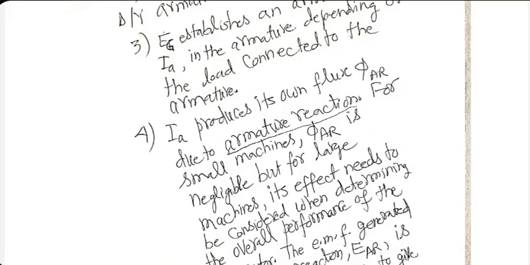If the machine is small, then maybe armature reaction is negligible, because the armature current will not be too large. But for real life AC machines, IA is generally large, and you cannot ignore armature reaction. You have to account for it in the equivalent circuit.